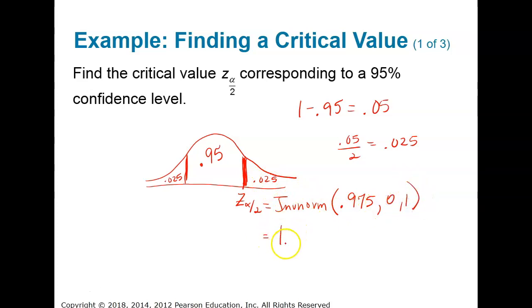When we do that, we get 1.96. So that's my critical value for a 95% confidence level. This is a very common one, and I would encourage you to just memorize that Z alpha over 2 for 95% is 1.96.